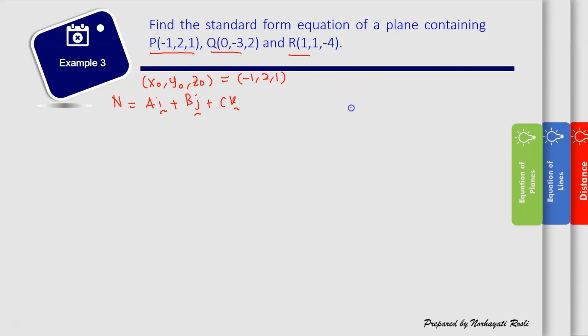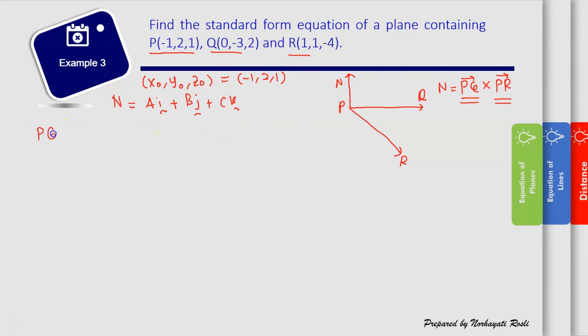If you recall from vectors, a normal vector is given by a cross product. How do we compute this normal vector? It is equal to PQ cross PR, which means we need to find first the vector PQ and also the vector PR.